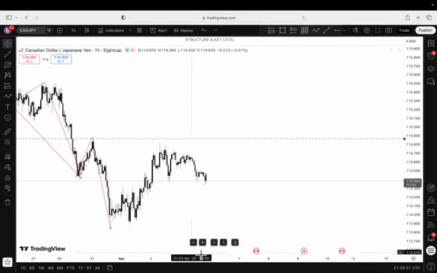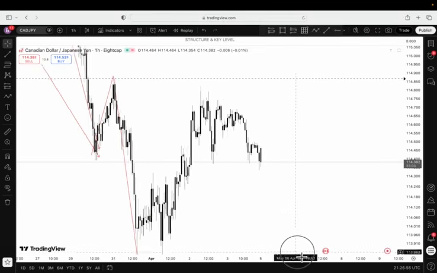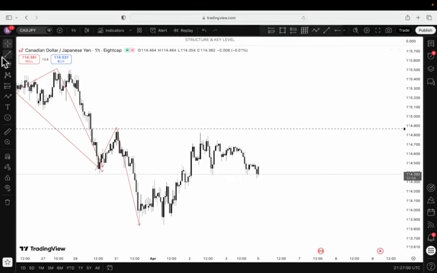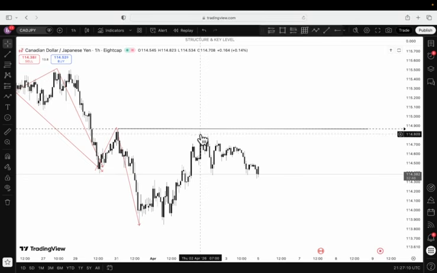Now some people took a sell here, and then they asked me, I've observed CADJPY twice now, it's like violating my own personal rule. My own personal rule after study is this: whenever I have an inducement over here, I am very careful to take a trade that is close to the inducement.